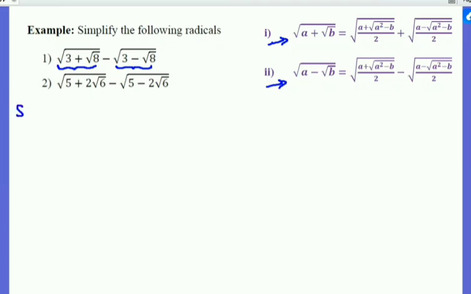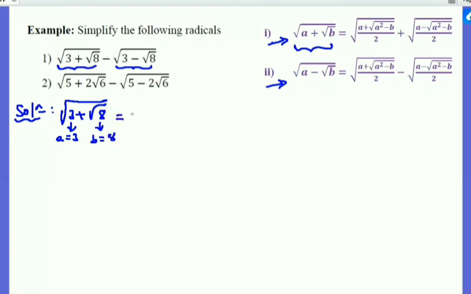So let me do it. The first one is radical 3 plus radical 8. Using this form, a is 3 here and b is 8. So apply the above formula.